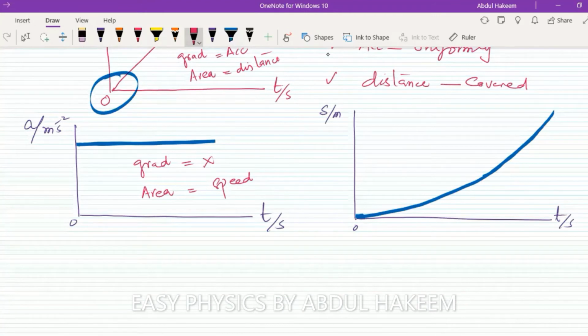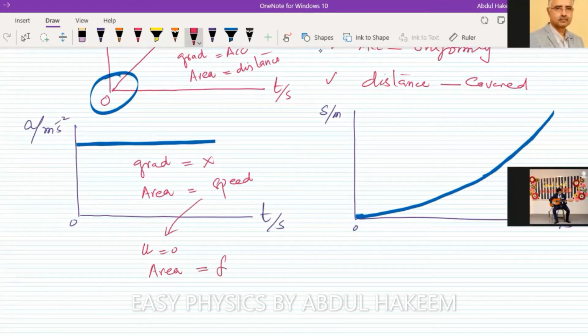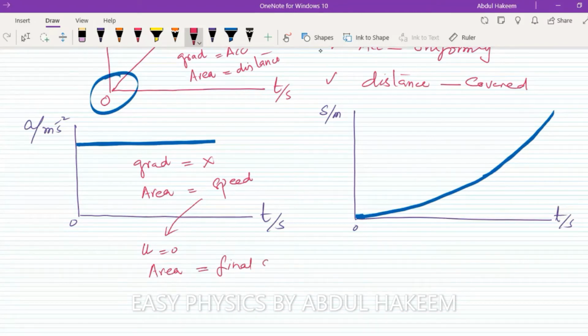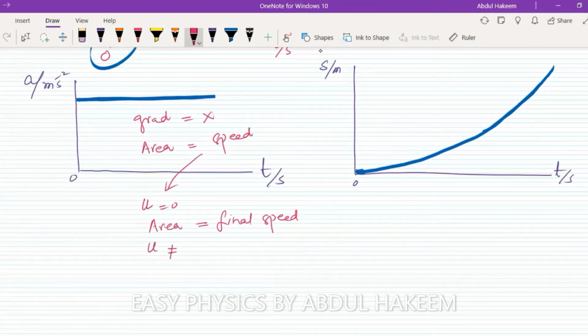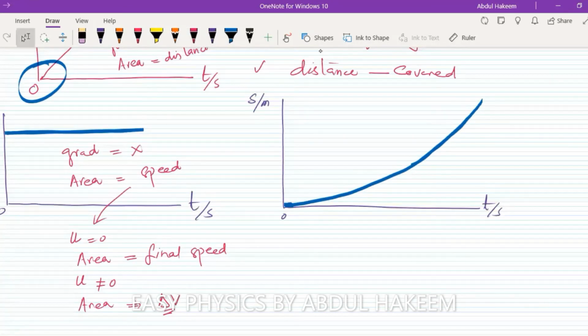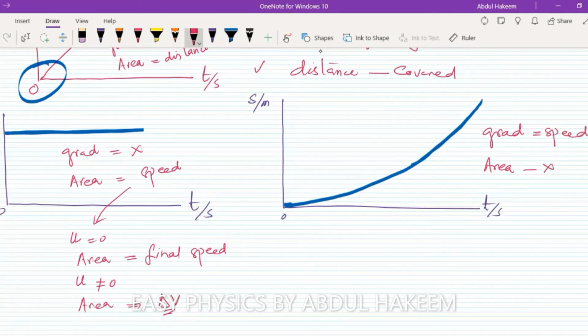Do remember, if initial speed is 0, then the area is equal to final speed. And if initial speed is not 0, then the area is equal to change in the speed. And here, the gradient of this distance time graph is the speed. And area under the graph is nothing in the physics.